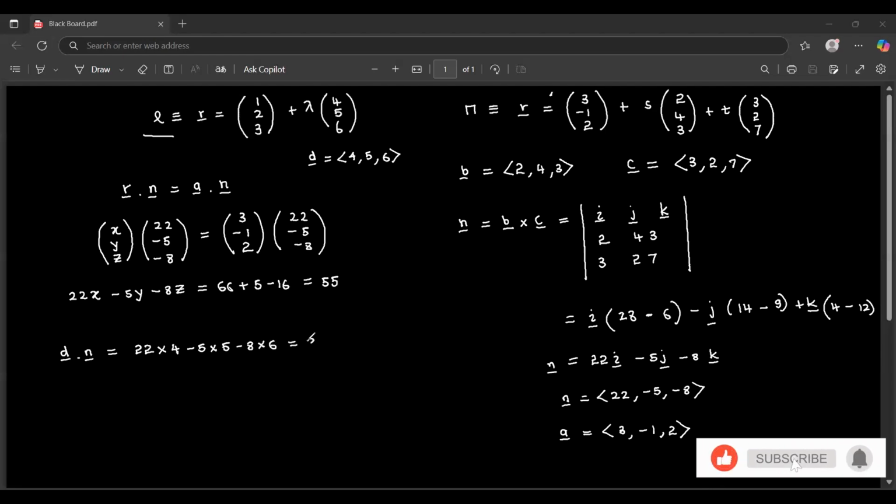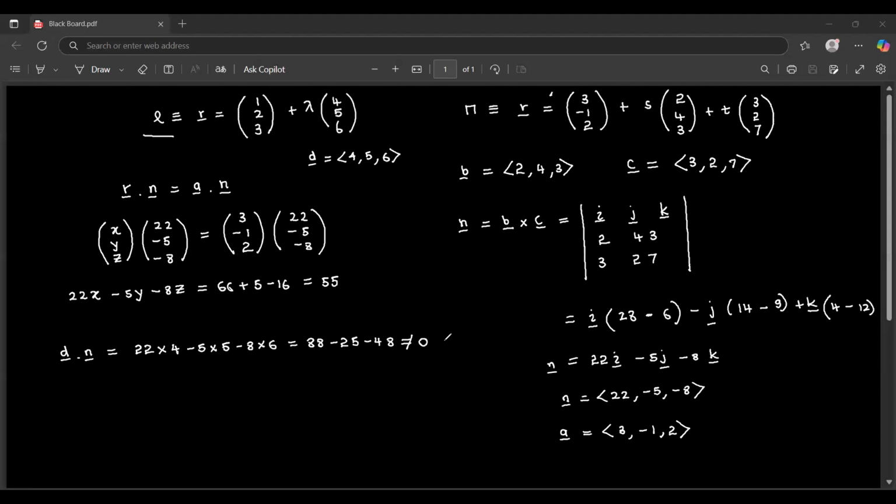That will be 88 minus 25 minus 48, which is not equal to 0. So we can definitely say D is not perpendicular to N. Therefore D is not parallel to plane phi, which implies that line L is not parallel to the given plane phi.